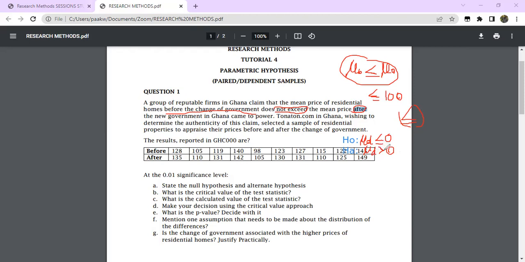So that will be greater than, the same mu D. And the mu D is always 0. So bear in mind, the mu D is always 0. Do you have a question? No, we can continue. Okay. So as I said, mu D is always 0. Bear in mind.